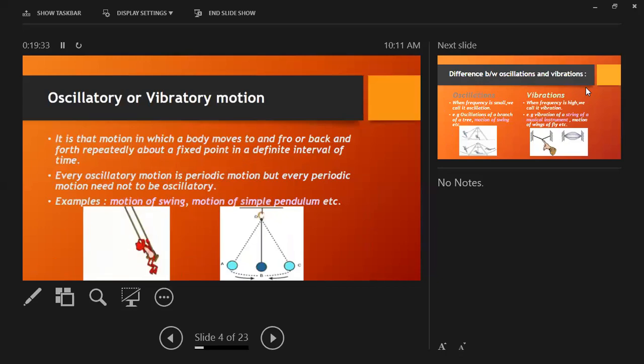Oscillatory, oscillation of less value: for low values, we say oscillatory. For high values, we say vibratory.